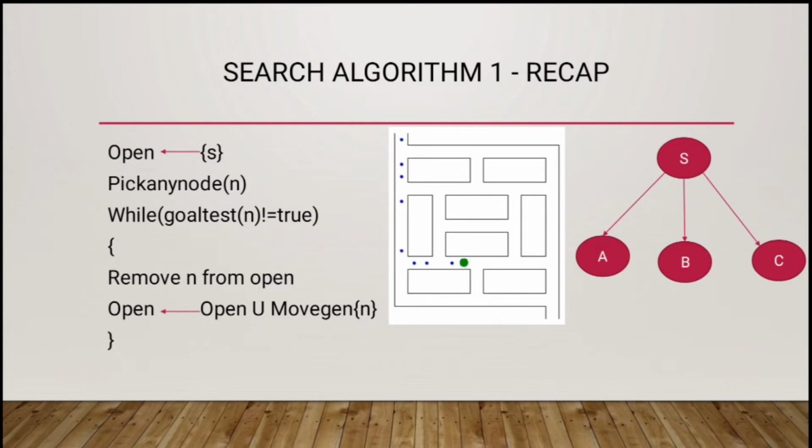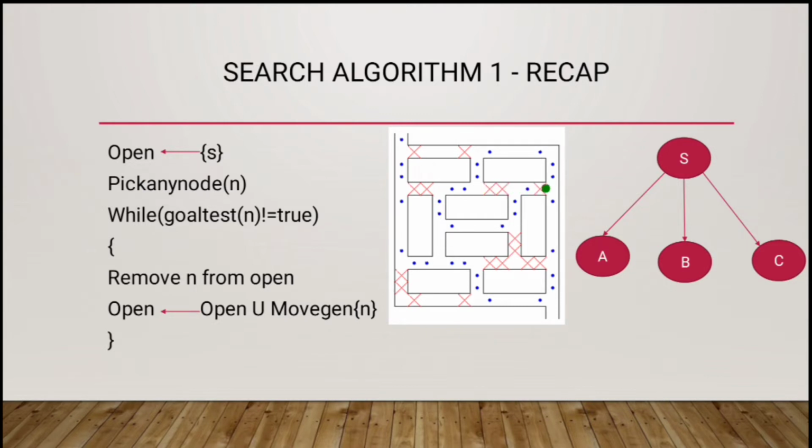If the goal is present, then we come out of this loop, or else we remove this node. After removing this node, I append the neighboring nodes of n into the open list again. I have explained this briefly in the previous session. You can look into that.